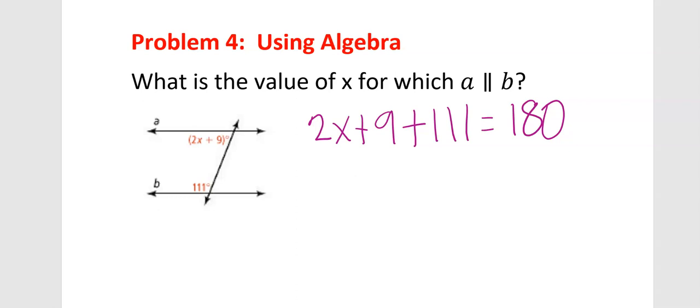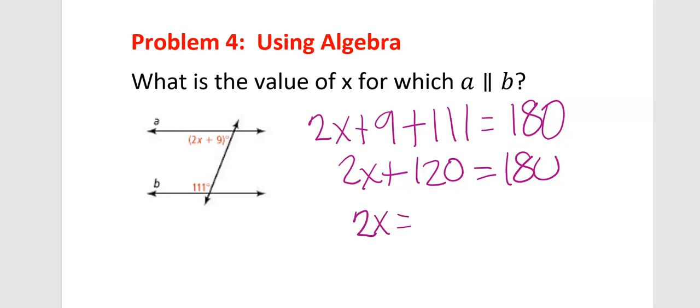Okay, so if we solve, we get what that x is. So we get 2x plus 120 equals 180. Subtracting 120, you get 2x equals 60, x equals 30.